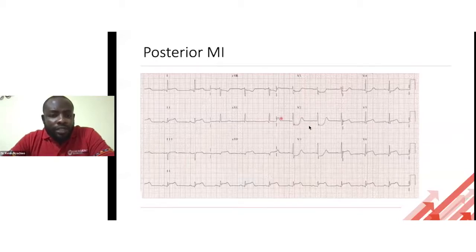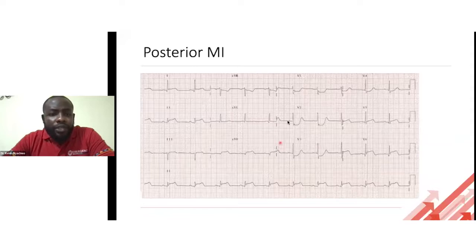So anytime you're seeing this significant ST depression, especially in these precordial leads, V2, V3, V4, remember sometimes it can run the whole extent of the precordial leads, V1 to V6. You should have an idea to try and place these leads at the back, what we call V7, V8, V9, okay? And when you do that, you would find that this depression, when the leads are placed at the back, becomes an elevation.